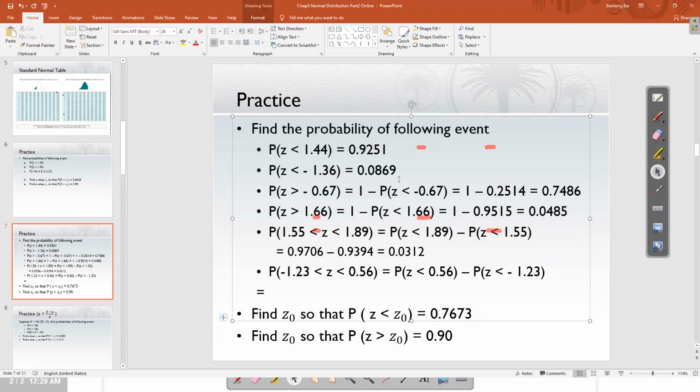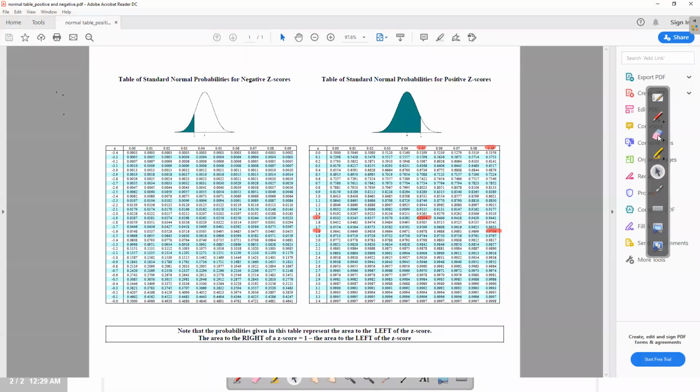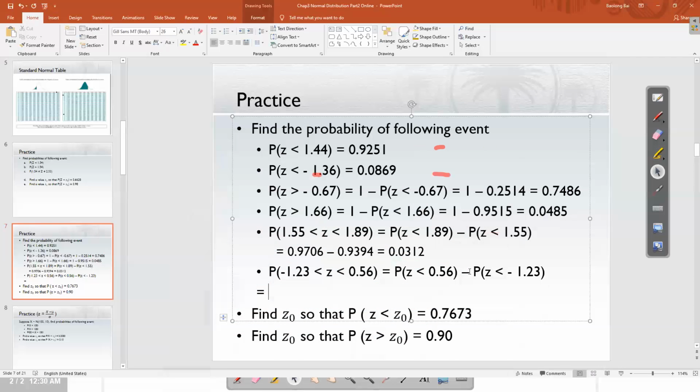So then we're going to look up 0.56. The corresponding probability is 0.7123.